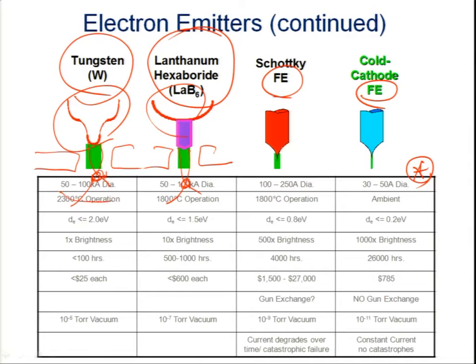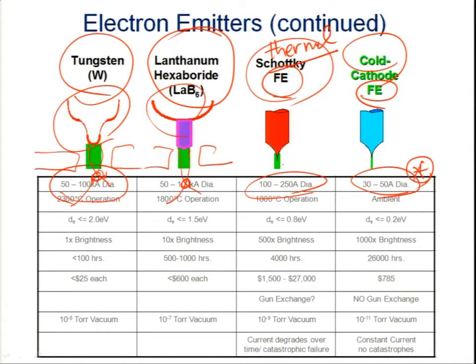Still, the diameter is between 50 and 100K angstrom. When we move to the Schottky field emission source, in other words the thermal field emission source, and the cold emission source, the diameter of the electron beam is pretty small.